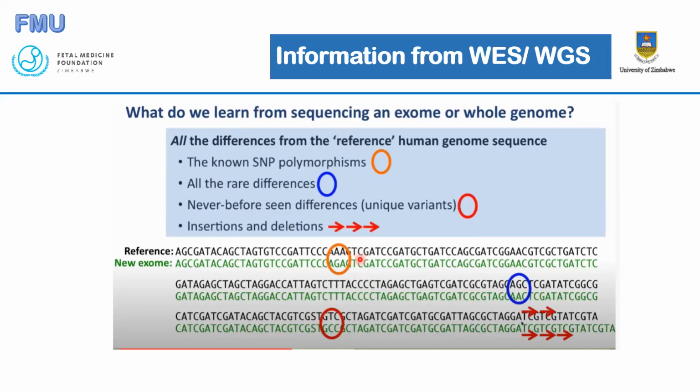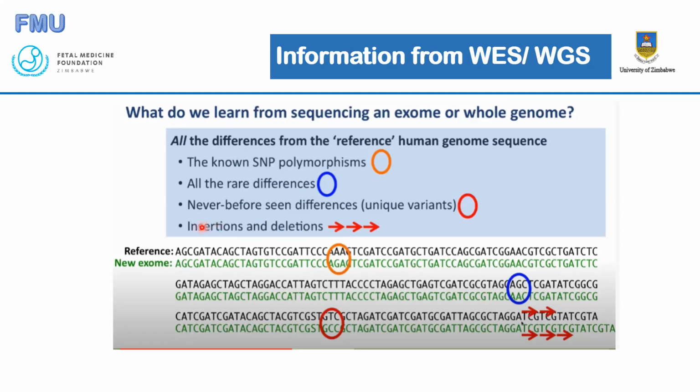That is called single nucleotide polymorphism, the variation from one individual to another. Then we can also have very rare differences, which may be difficult to interpret and find their meaning. Then we can also see what you call the never-been-seen differences, which are unique variants. This is a part of the single nucleotide polymorphism, but they are not known. You'll be the first person to have them, and people won't know what that will mean to you or to your baby, to the baby who is inside.